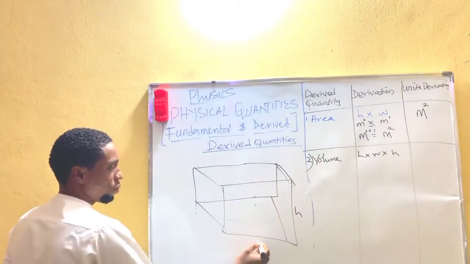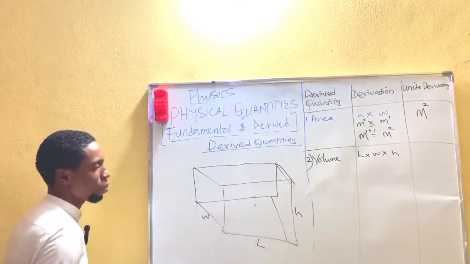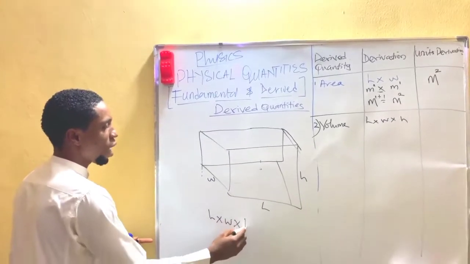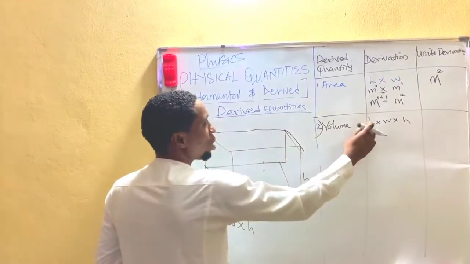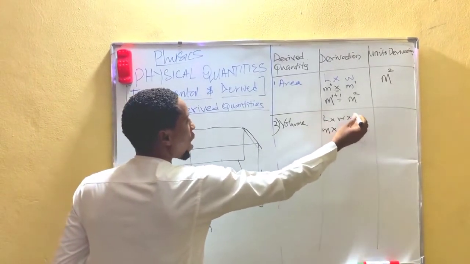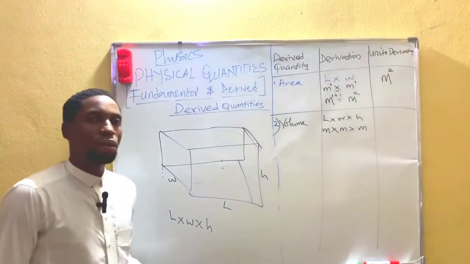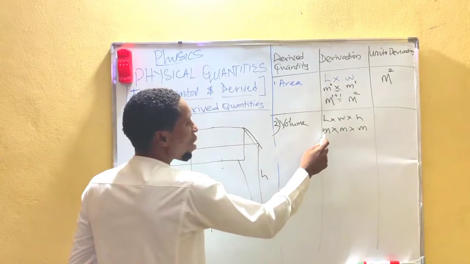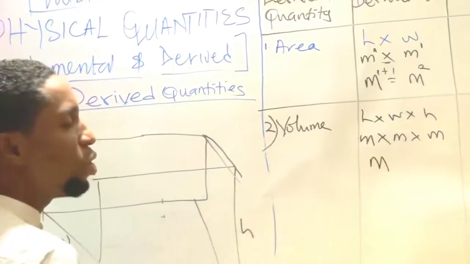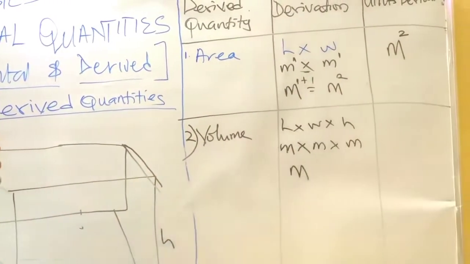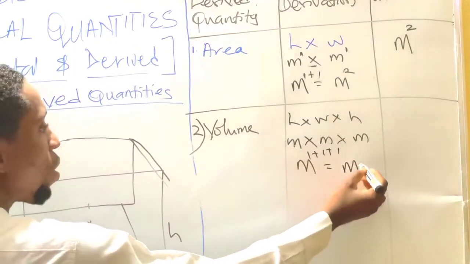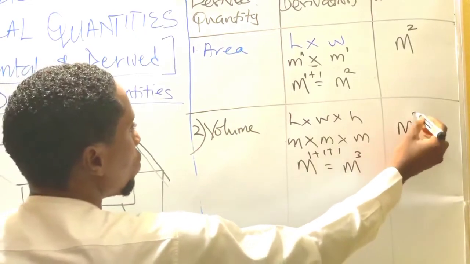This is height, this is length, and this is width. So the volume of this is length times width times height. Length is measured in meter. The width is measured in meter. The height is measured in meter. Then according to indices, you have how many m here? 1, 2, 3. You take 1, they are common. Then according to indices, multiplication changes toward addition. So you have 1 plus 1 plus 1, giving you m raised to power 3. So you have meter cube.